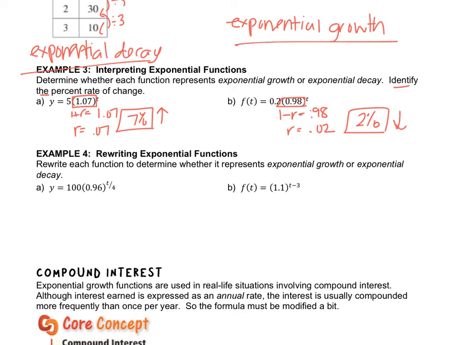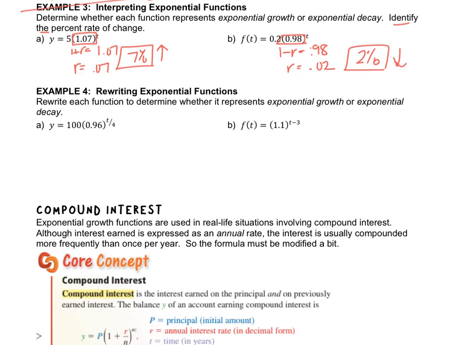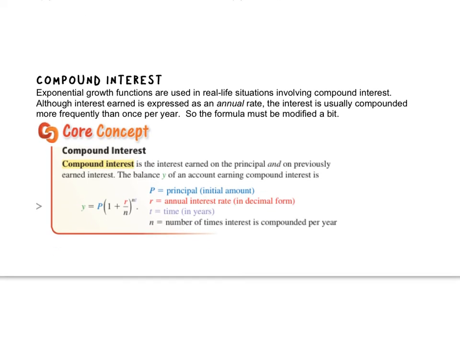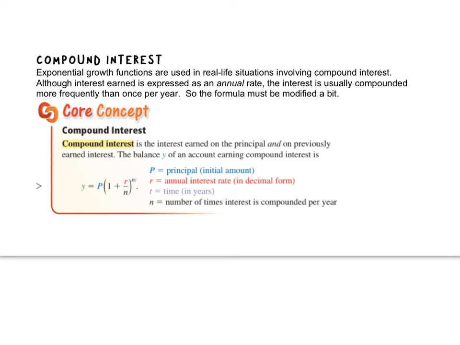In the interest of time, let's skip example 4 and look at compound interest, which is a real-life skill that happens in banks. When you first learned about interest in math class, they were like, oh, you get 2% interest, so you find 2% and then you add that value every year. But that's not how banks work.